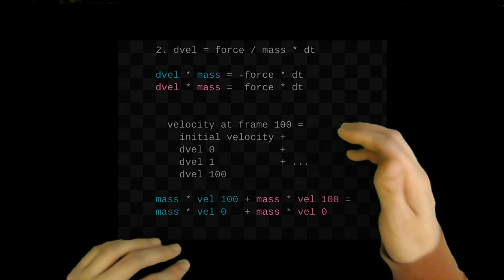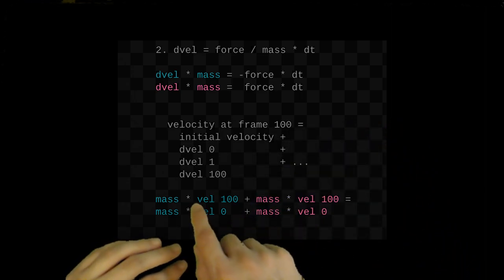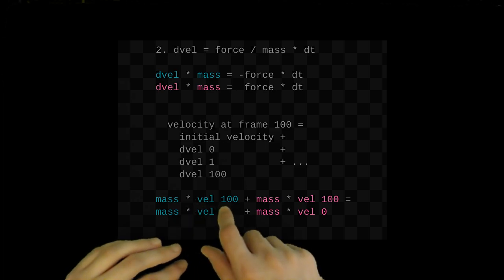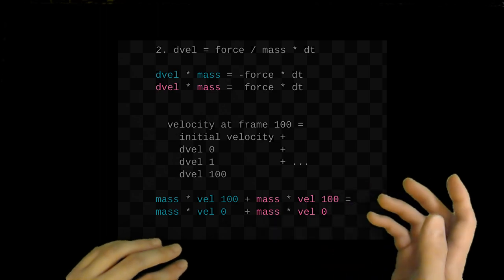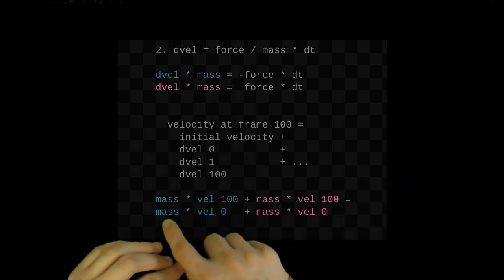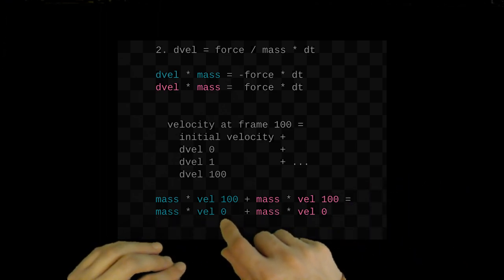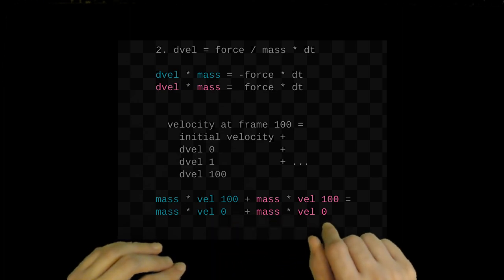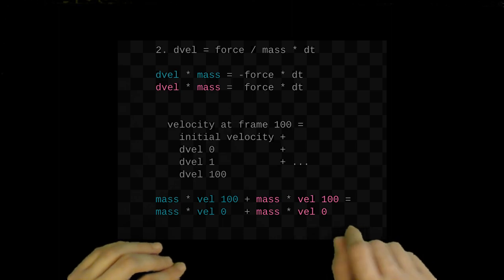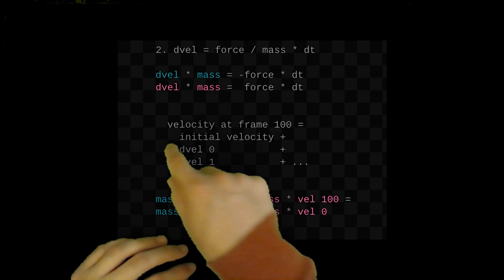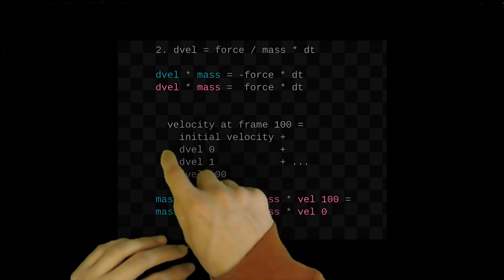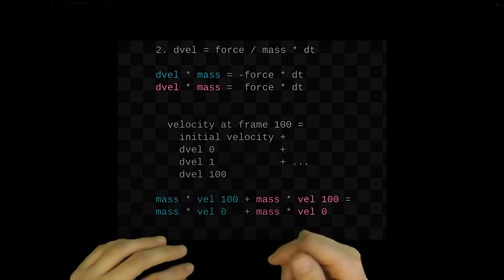So if you were to add the blue ball's momentum at velocity 100 and the red ball's momentum at velocity 100, it would be exactly equal to the momentum of the blue ball at time step 0 plus the momentum of the red ball at time step 0, plus a whole bunch of terms from the blue object, like all of these ones here, plus a whole bunch of terms from the red object that would all end up canceling out.